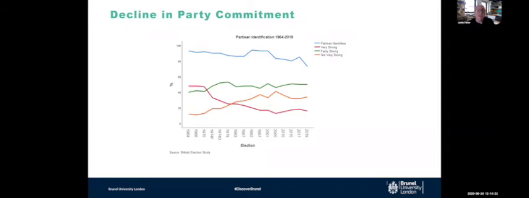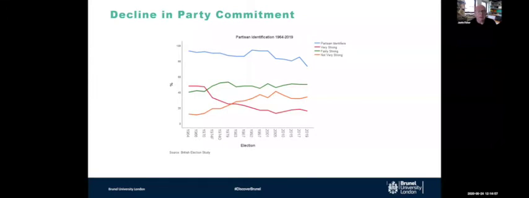And what we see is that that has declined, but not that much. If we go back to 1964, over 90% of all voters said they leant towards one party or another. That's declined, and that figure now is at around 80%. So some decline, but not a huge decline.